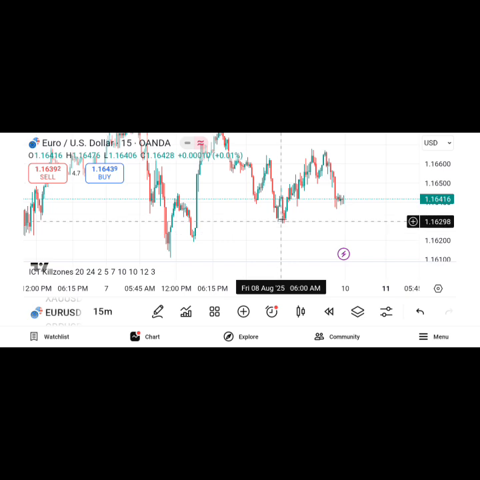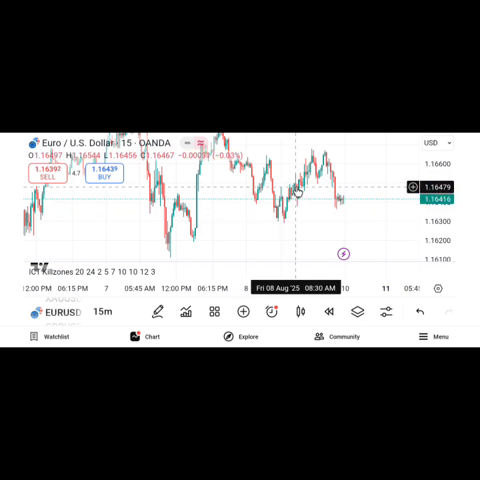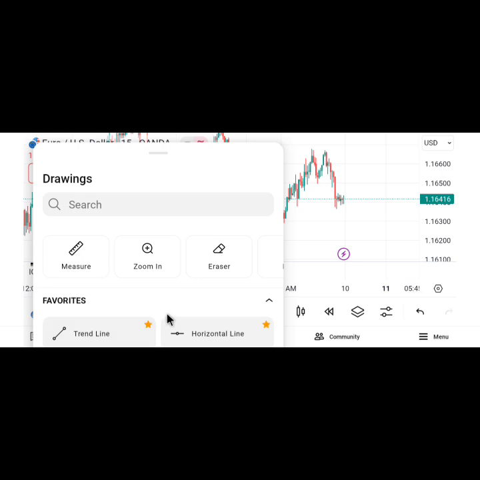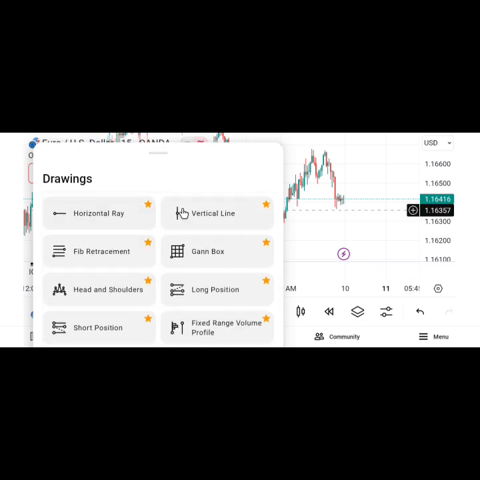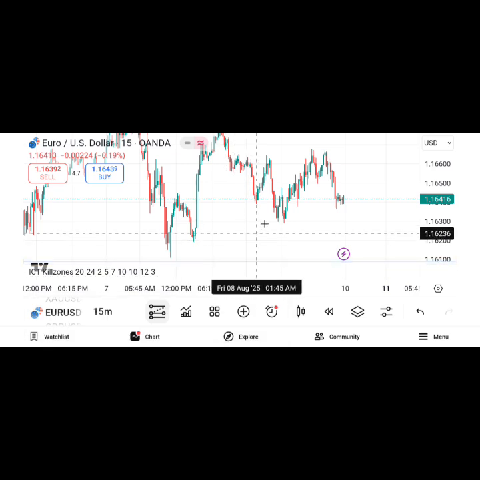You could have opened your entry here, although you won't get tagged in. Then we have another one right here, took this low, engulfed. I could take my entry right here, I could buy the market, right here.